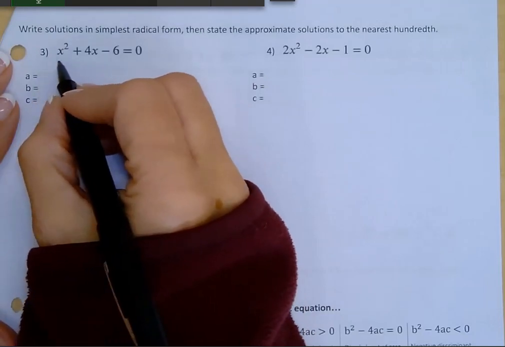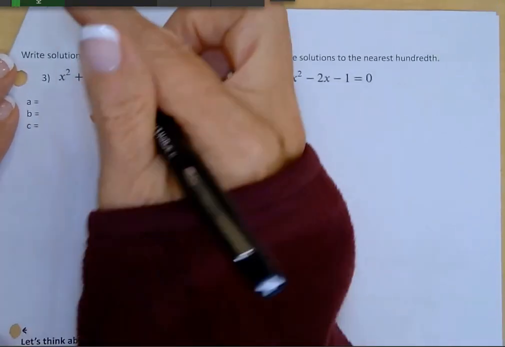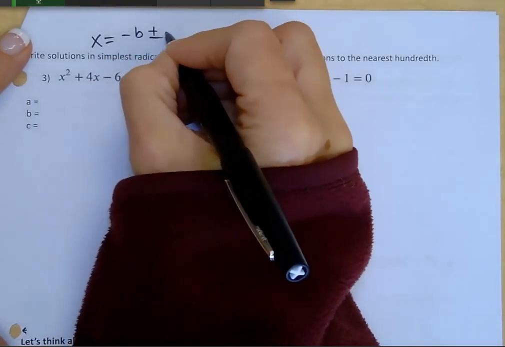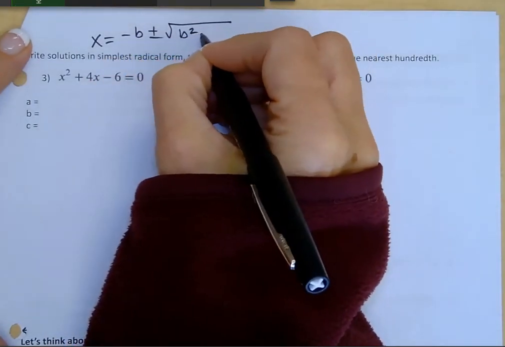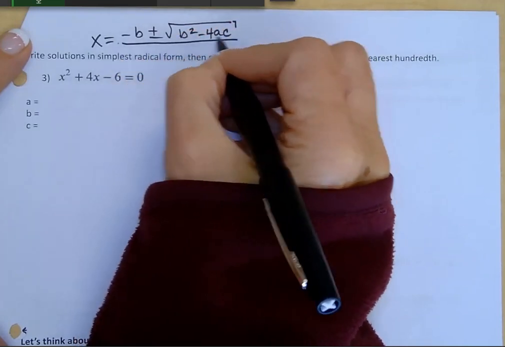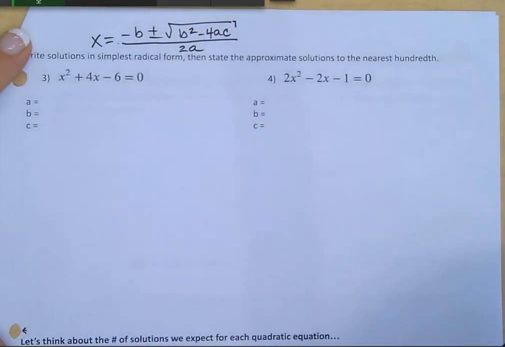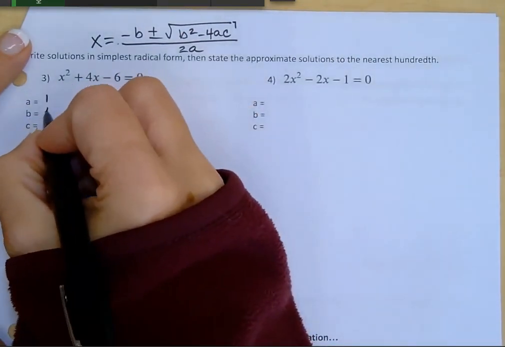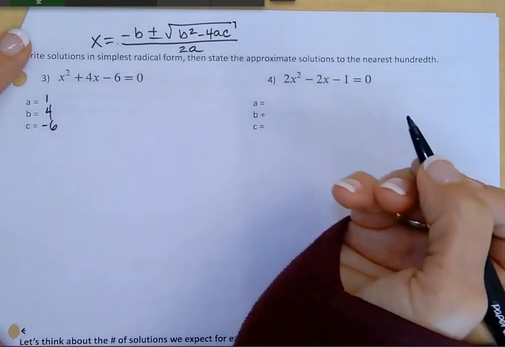All right, just a reminder, x equals negative b plus or minus the square root of b squared minus 4ac all over 2a. That's my formula, my quadratic formula. So here a is 1, b is 4, c is negative 6.